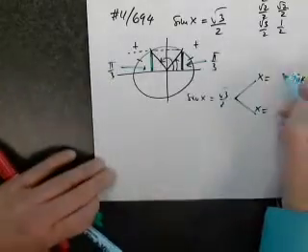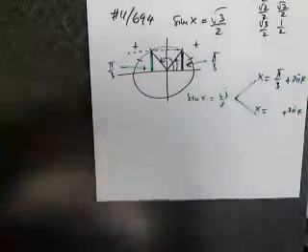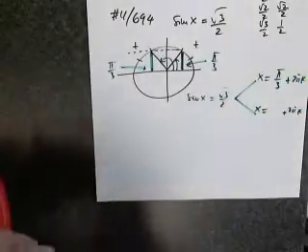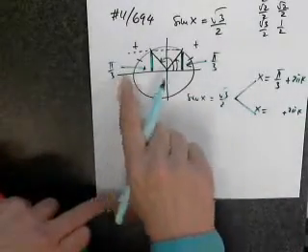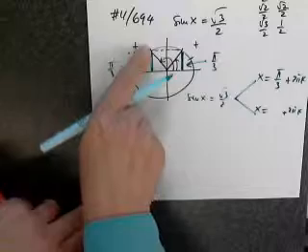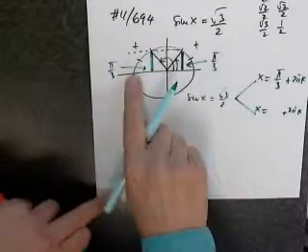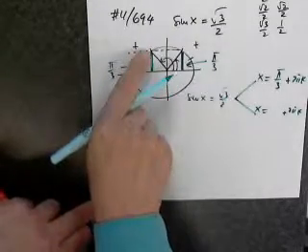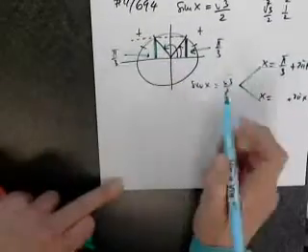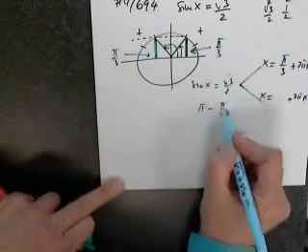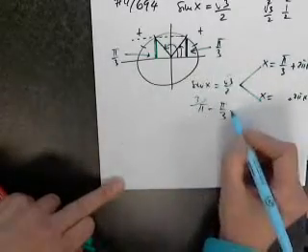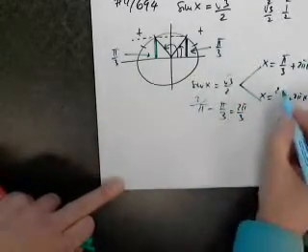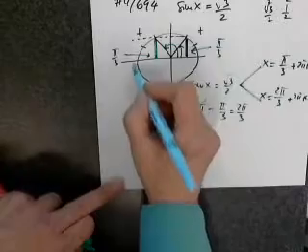So what we have is pi over 3 plus 2 pi k. What else do we have? Right, because you can go back from pi, you subtract pi over 3. Pi minus pi over 3. The least common denominator is 3. 3 pi minus pi is 2 pi over 3. Because you know that this is pi.